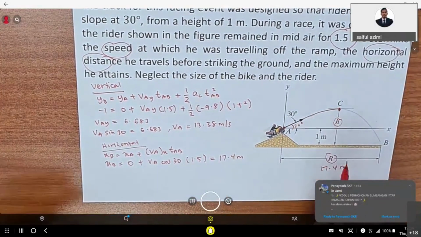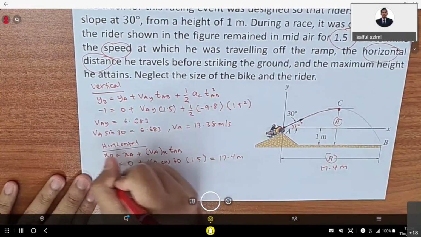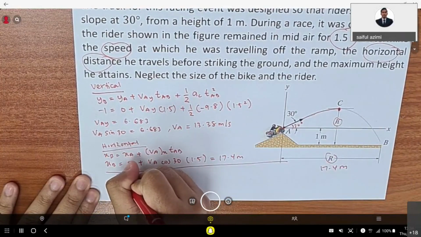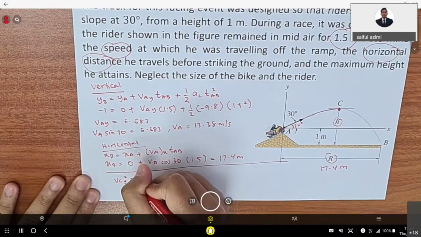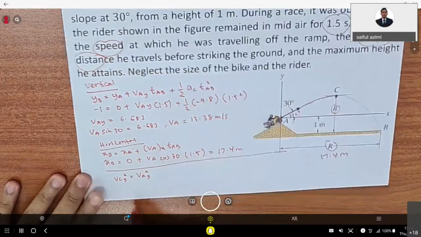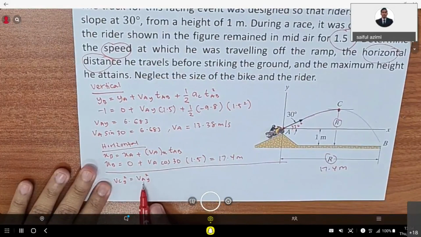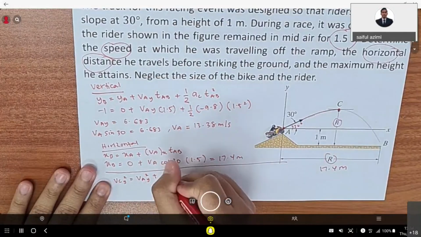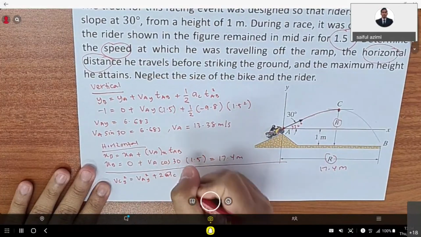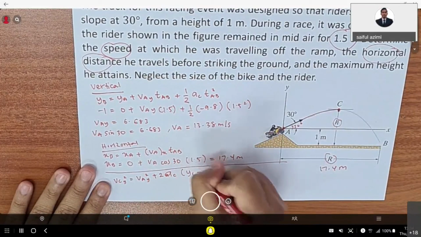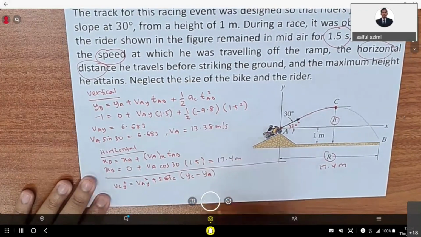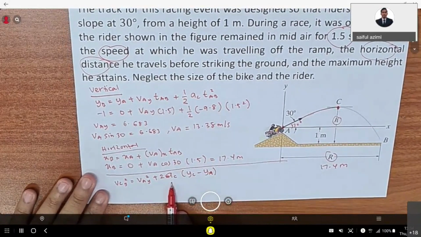So we have VCY squared equals VAY squared, the final velocity equals the initial velocity of y plus 2AC times YC minus YA. This is one of the formulas that you get in your slides.